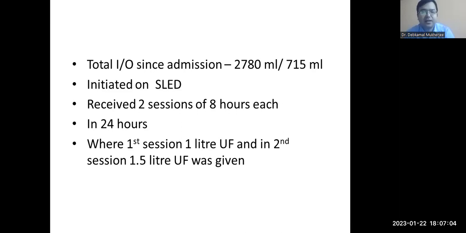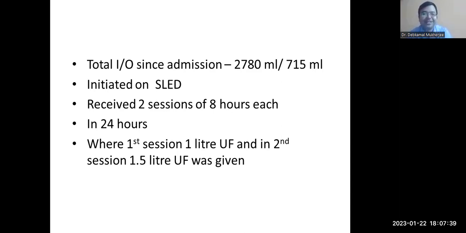Since admission, the total intake of this patient was around 3 liters, or 2.7 liters, but he had only passed urine of around 715 ml. So his urine output was on the lower side. His hypoxia was worsening, so it was decided to initiate him on renal replacement therapy. We selected SLED for this patient because in our institute SLED is available at this point of time.